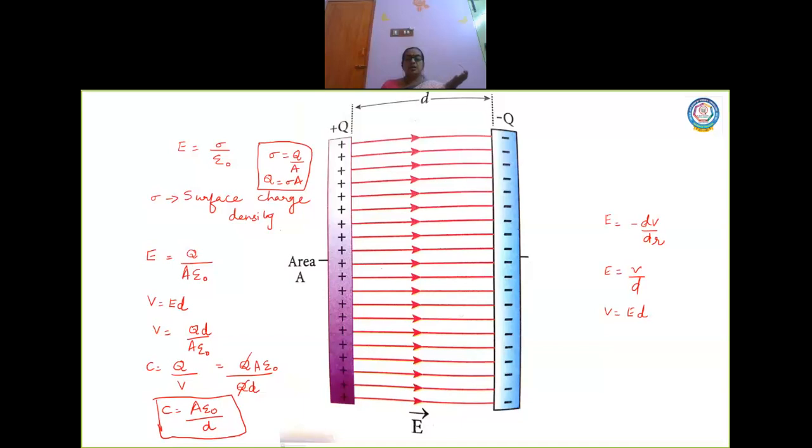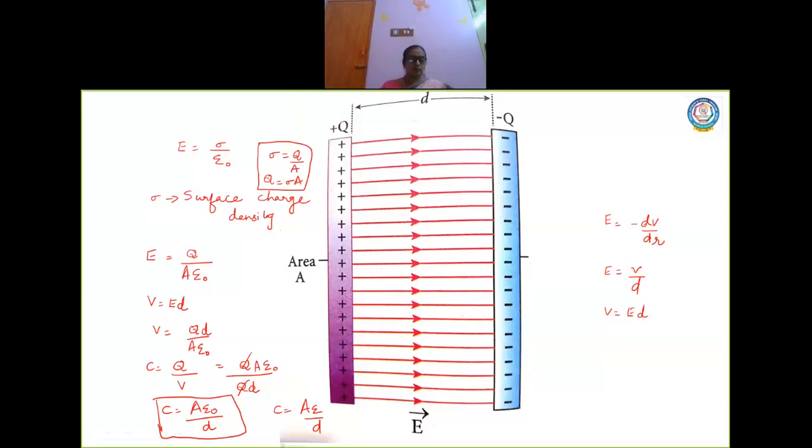If the space between the conductors is filled with air, you have A into epsilon naught. If it is going to be some other material, then I will have the capacitance formula C equals A into epsilon by D, which means epsilon is for some other medium.